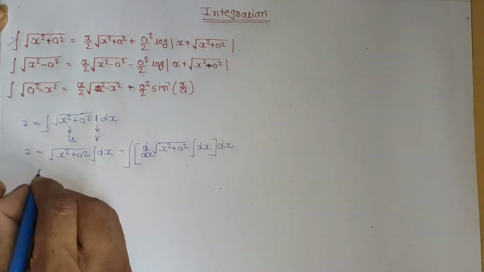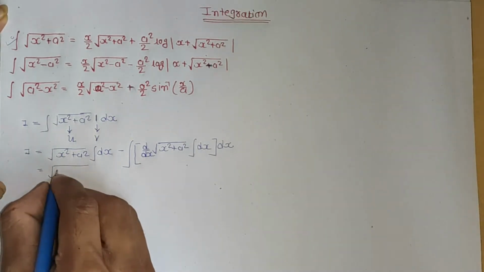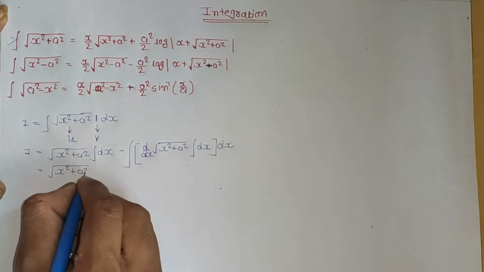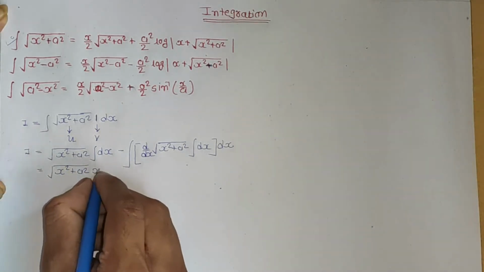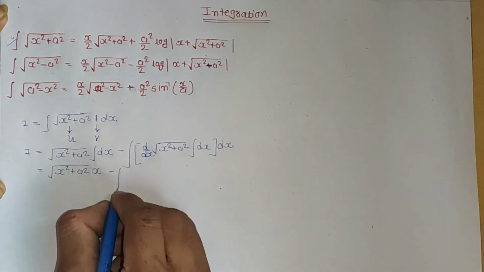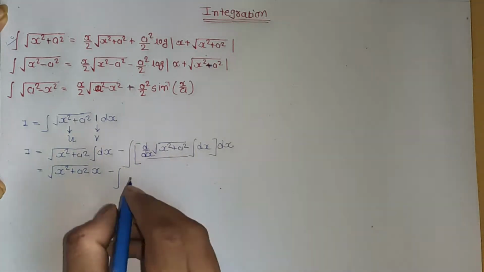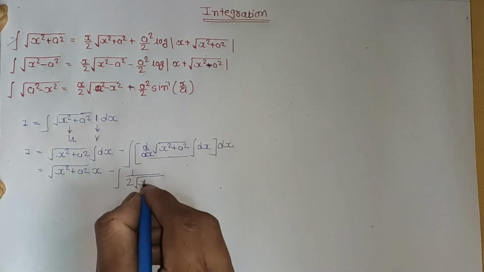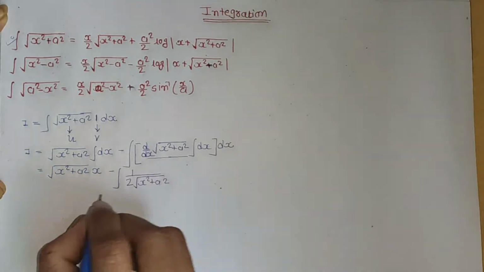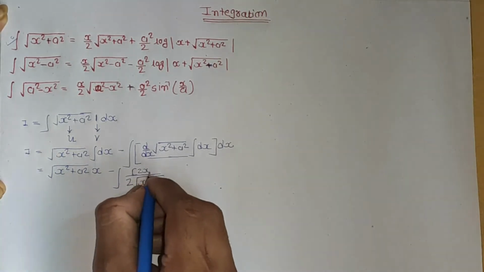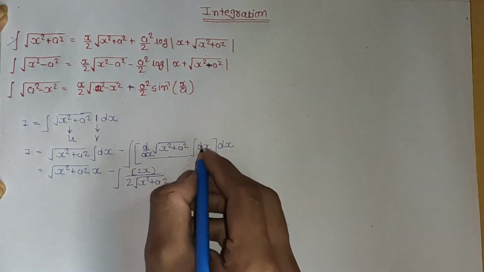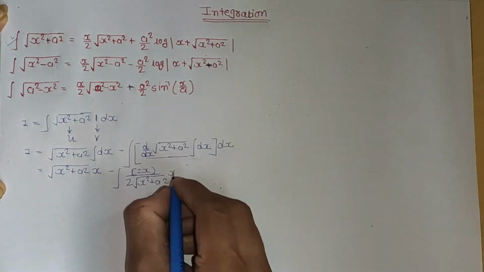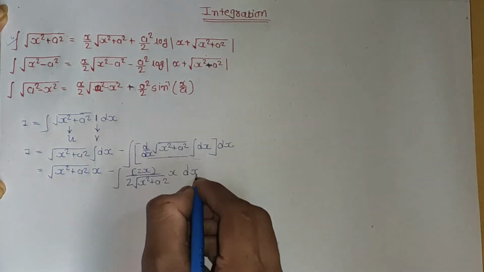Now, the first term is x times square root x square plus a square, minus integration of 1 by 2 under root x square plus a square, here 2x, and this one is x, here dx.